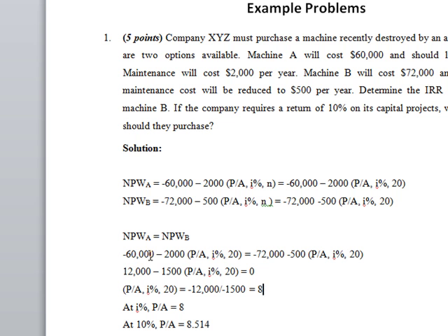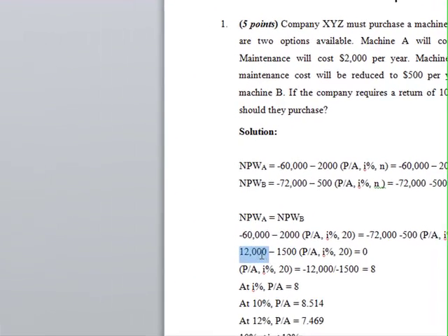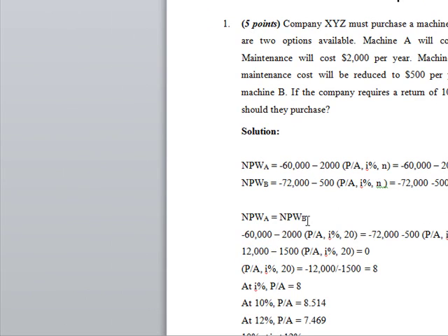So $72,000 minus $60,000 is $12,000, and minus 2,000 minus 500 is minus 2,500, which if we send it to the other side will be plus 500. So minus 2,000 plus 500 is minus 1,500.